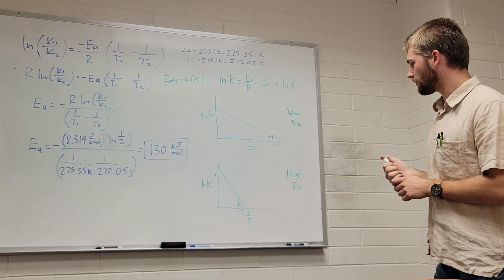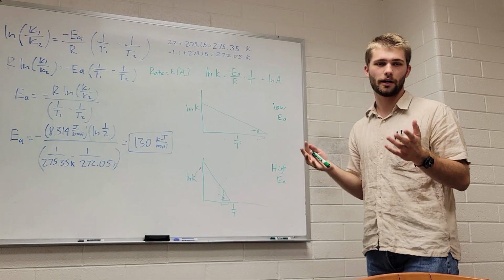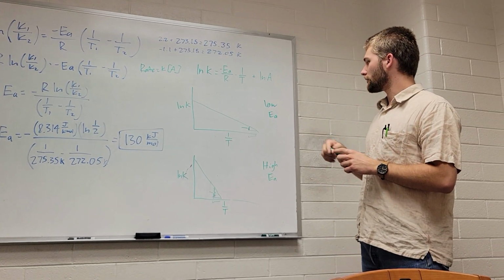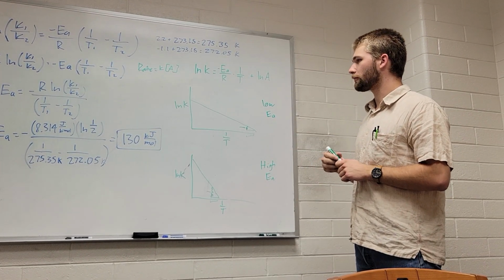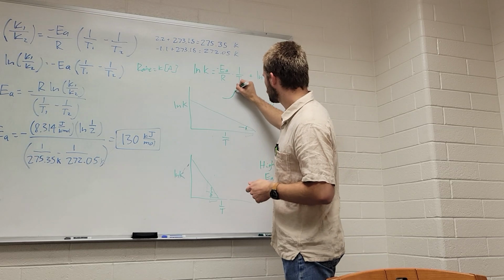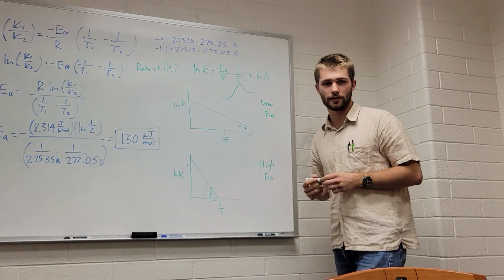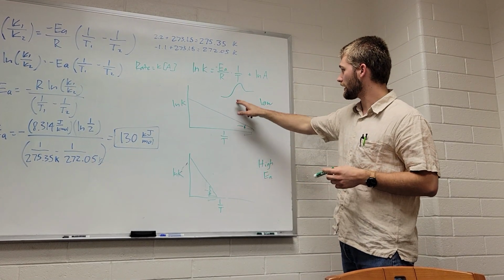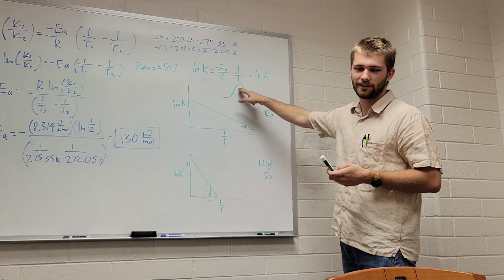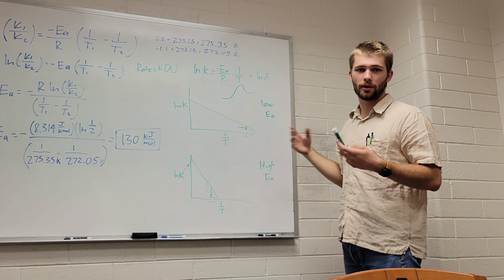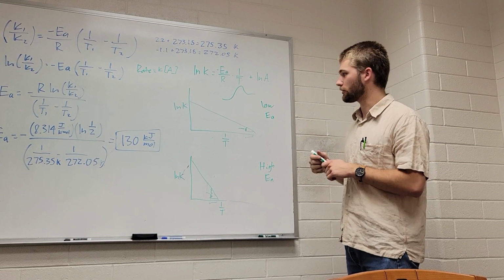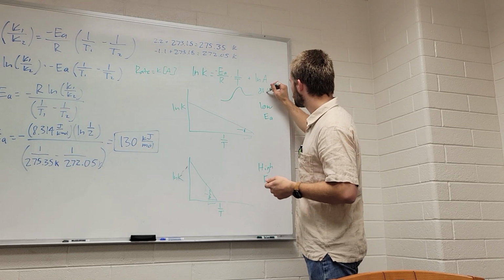So that's looking at it mathematically, and then thinking about it conceptually also makes sense. For this reaction to get over the hump, the activation energy hump, if the energy of activation is low, if it's a small hump, most of the molecules are probably already able to do it. Let's say 80% can already do it.